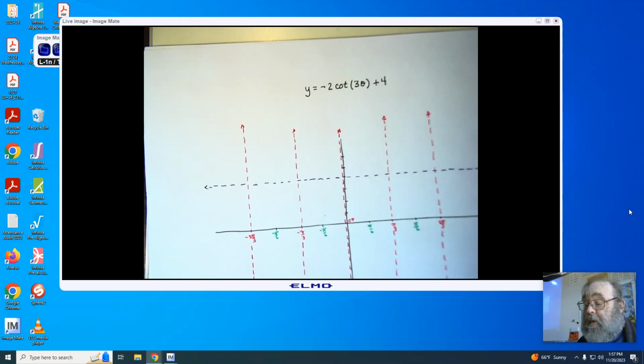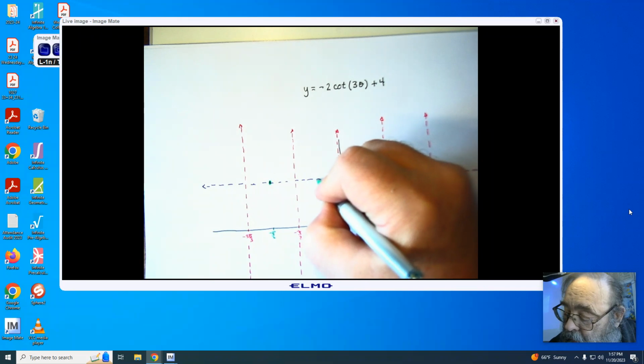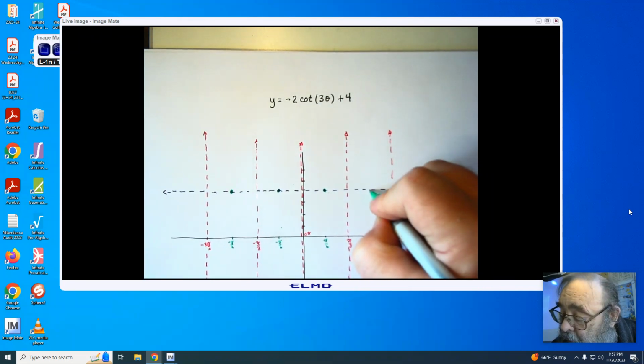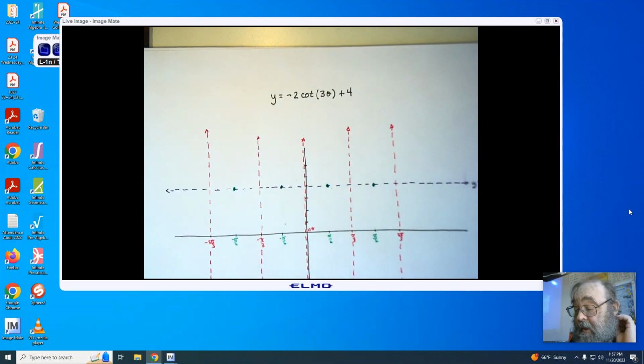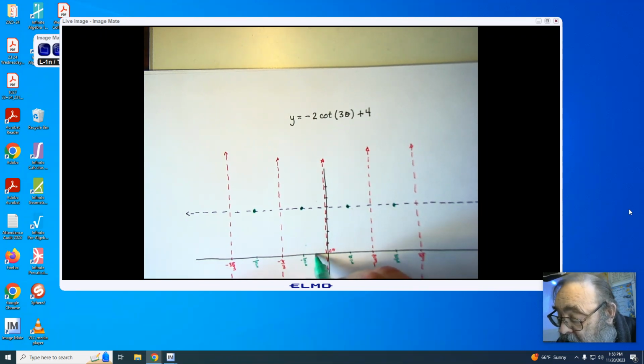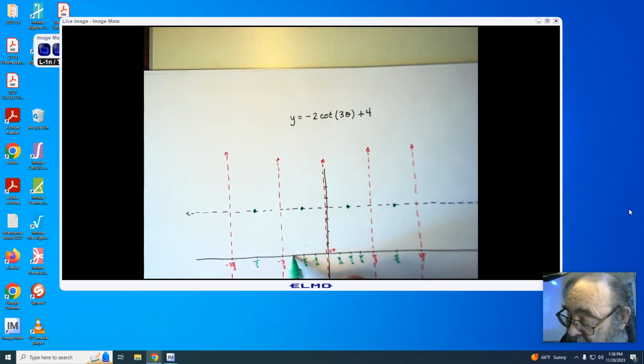And I'm now ready to begin. I know, for example, the center, the 0 is sitting right on the center line. I got 4 points already done. But we need to go halfway in between. That's going to give me a pi over 12. That's 2 pi over 12, which means I'm looking at 3 pi over 12, which is pi over 4. On the opposite side is negative pi over 4.